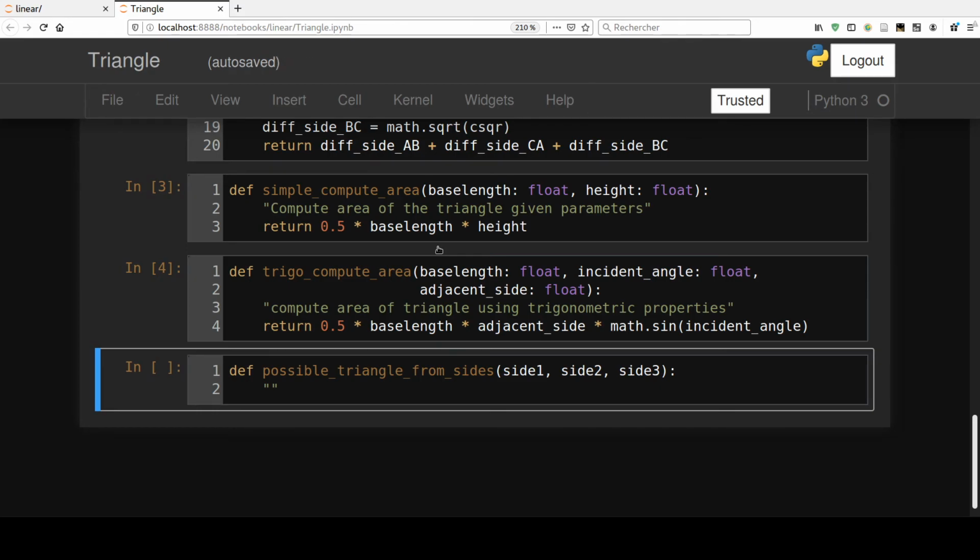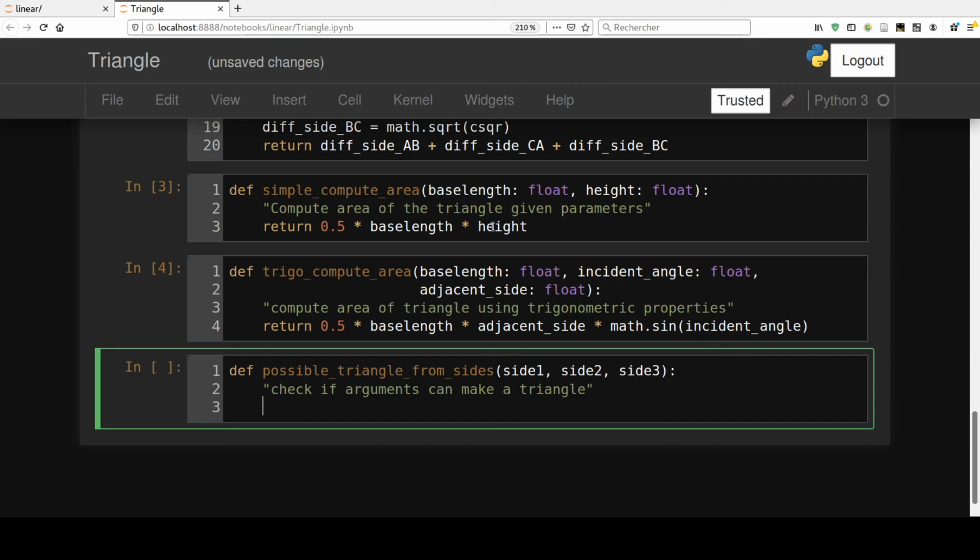Basically, given three sides of the triangle, the sum of any two sides of the triangle should be greater or equal to the third side. So check if arguments can make a triangle.